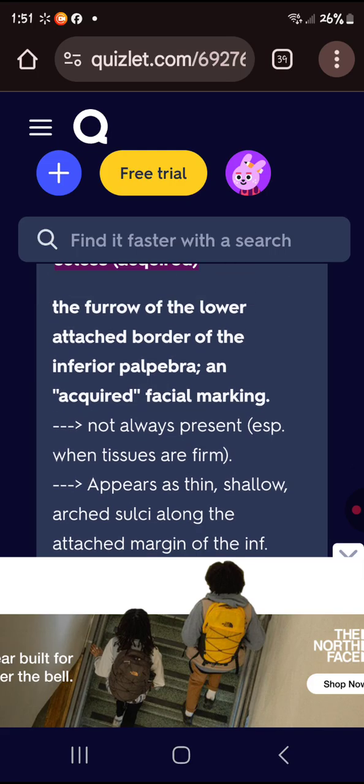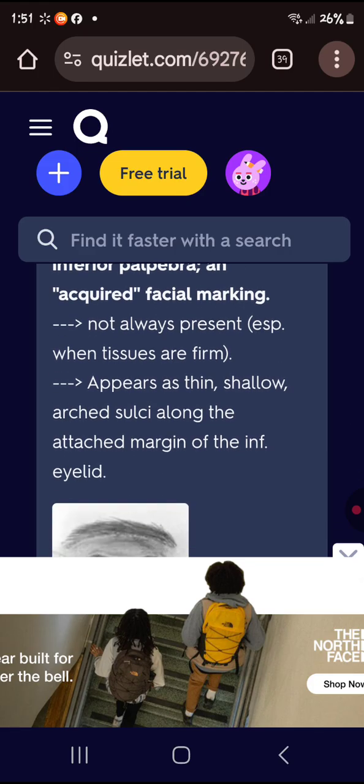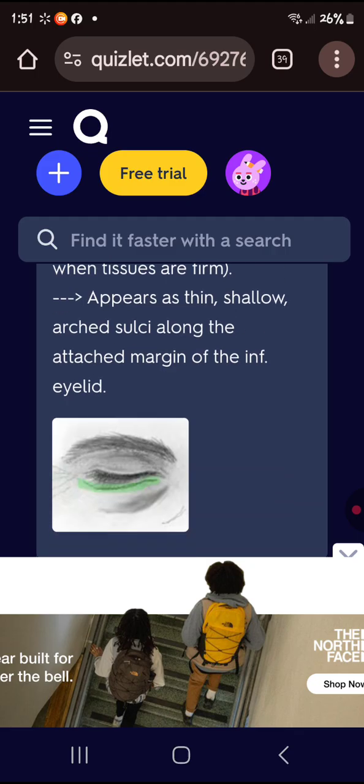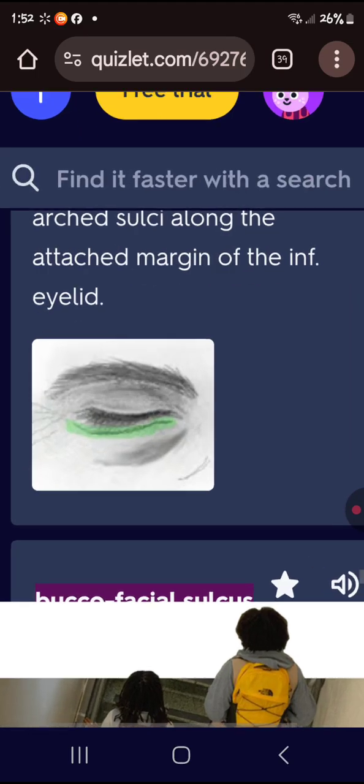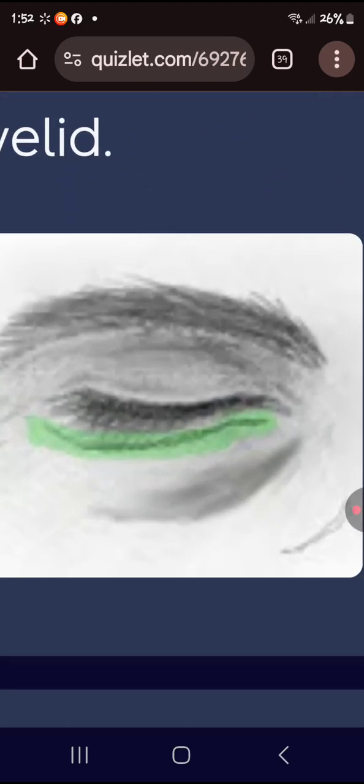The furrow of the lower attached border of the inferior palpebra. Okay. So it's not always present, especially when tissues are firmed from embalming. Appears as thin, shallow, arched sulci or wrinkle along the attached margin of the inferior eyelid. There it is.